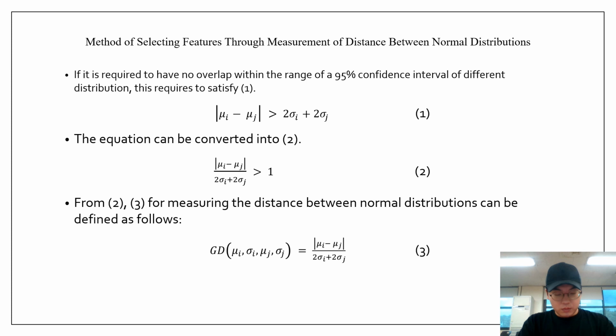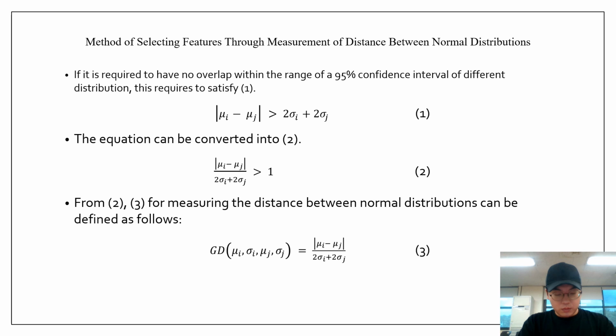This requires to satisfy 1. If both sides are divided by a positive number, 2 sigma i plus 2 sigma j, the inequality sign does not change. Thus, the equation can be converted into number 2.